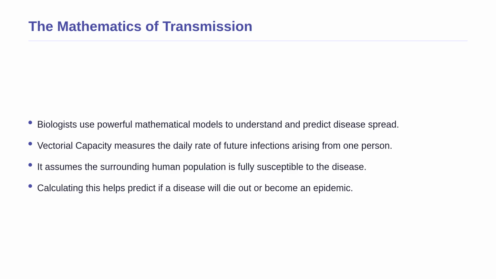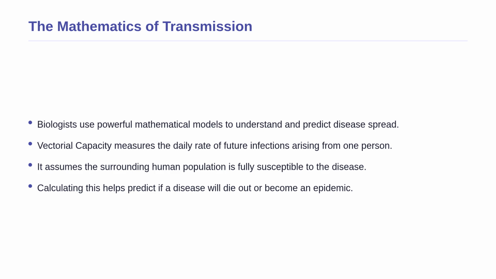Now that we have seen the biological cycle, we must ask, how do we predict its spread across a whole village? Biologists do not just rely on descriptive words. They use powerful mathematical models. The most critical concept here is vectorial capacity.